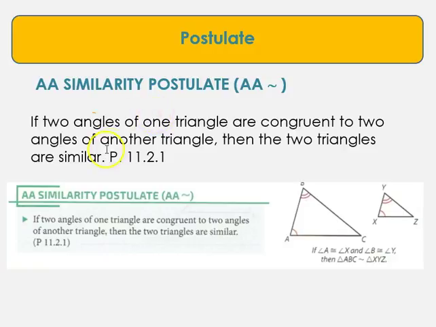And so now this is the updated postulate, and it's a little bit shorter than what we had before. All we have to do now is prove 2 sets of corresponding angles in the triangles congruent. So angle A is congruent to angle X, angle B is congruent to angle Y.